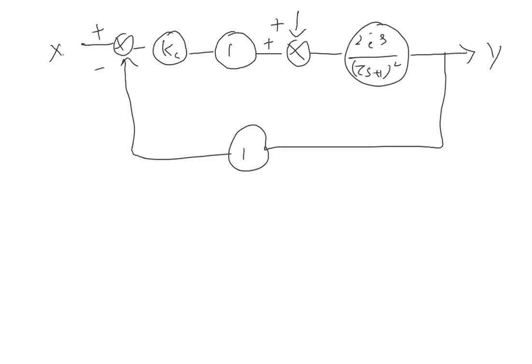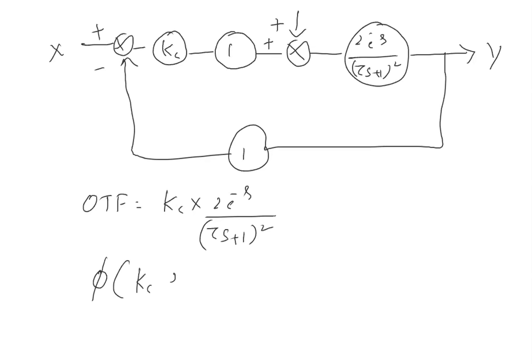So what is the open loop transfer function? Open loop transfer function is Kc into 2 e power minus s by (tau s plus 1) whole square. What is the phase angle of this, which is equal to minus 180?